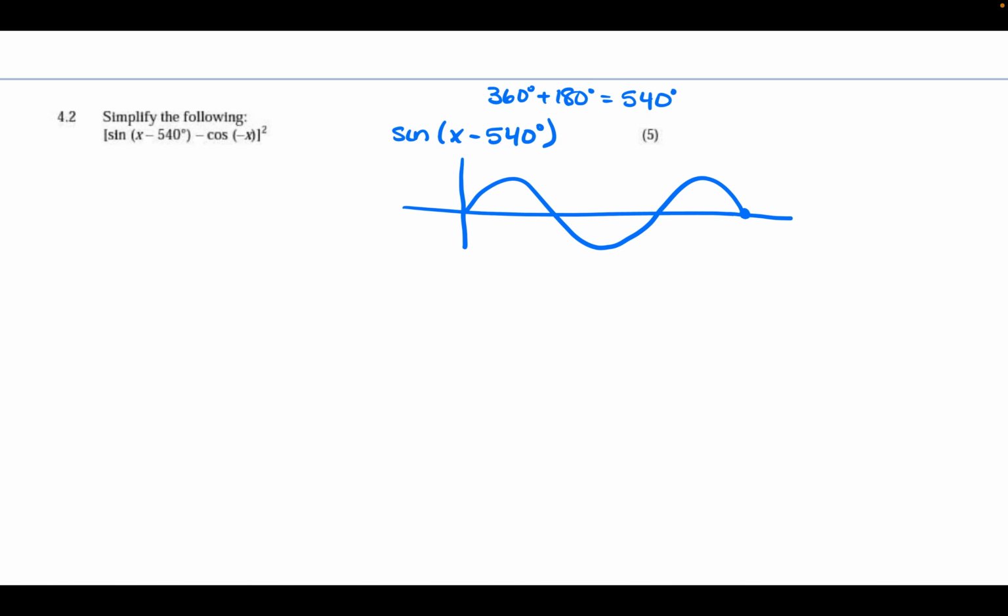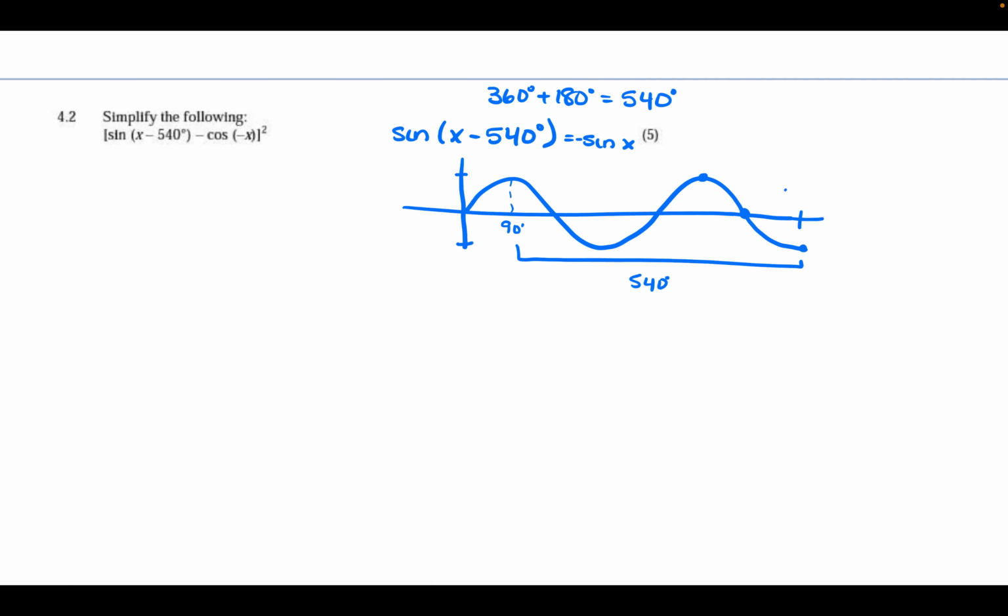So we notice if we look from, say, 90 degrees, if I add or subtract, to be honest, 540, I'm going to be down here at the bottom, because if I add 360, I'm up at the top, and then another half a wave, I'm down at the bottom. And the value of the sine is exactly opposite. So this equals the sine of x, but the opposite of it.